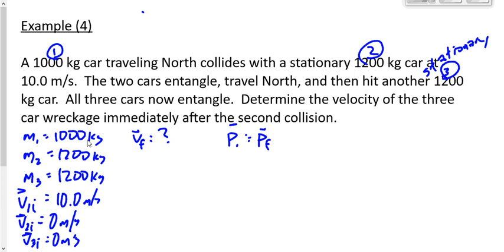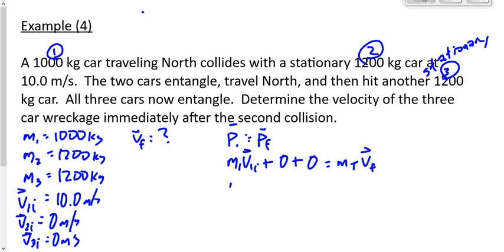But let's just analyze the system. The total initial momentum is equal to M1 V1I plus 0 plus 0. You could write in M2 V2I plus M3 V3I, but both of those last two terms are 0, right? Equals total mass times VF.